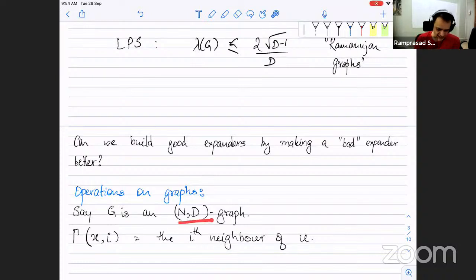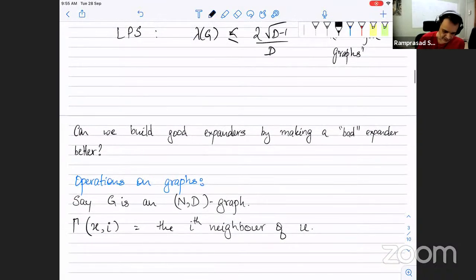Whenever I have an (n, d) graph, by that I mean an n-vertex, d-regular graph. They're always undirected. We'll use the notation Γ(u, i) to refer to the ith neighbor of u. I expect i to be somewhere from 1 all the way to d, and u is a vertex label, and this tells you who my ith neighbor is.